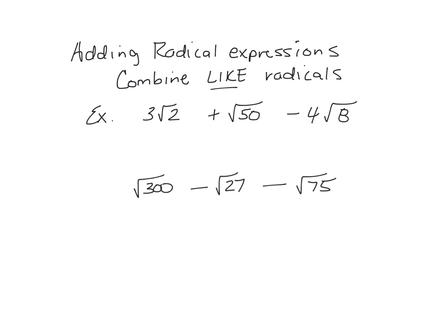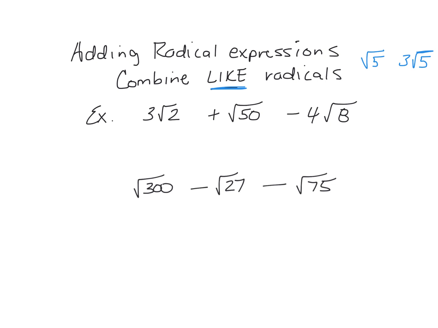Now, when adding radical expressions, very simply, what we've done all year long when we're adding is we combine like terms. In this case, we're going to combine like radicals. That means they have to have the same index. So the square root of 5 and 3 square root 5 have the same radicand.